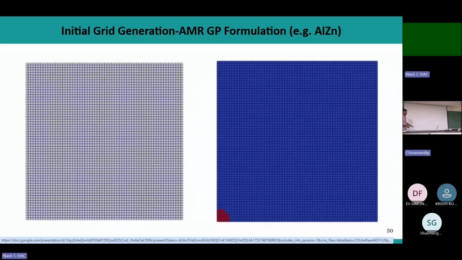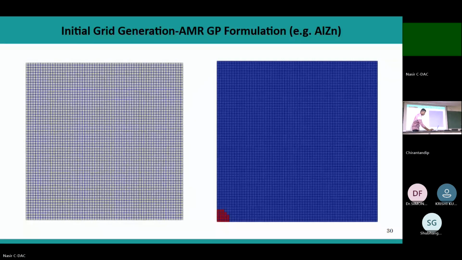For the AMR, here I use 128, but we're not using AMR. We use 256. That is the AMR. Here I fill the initial value on the base level.